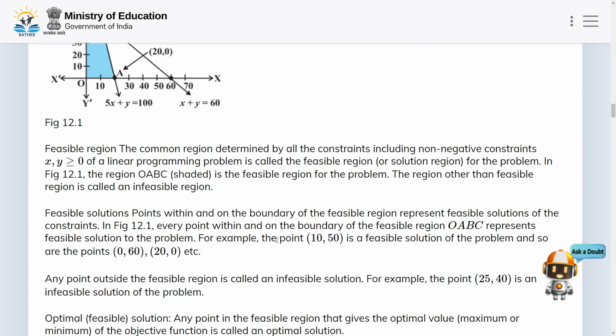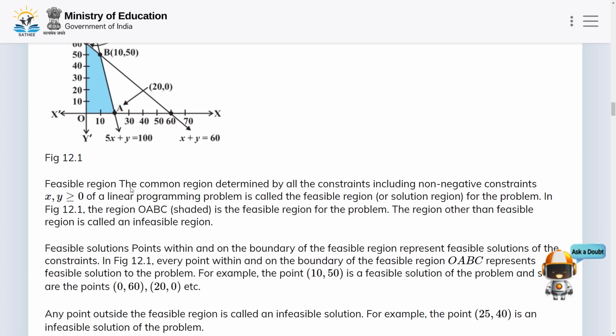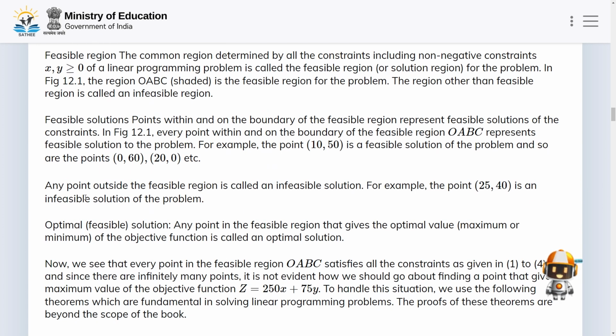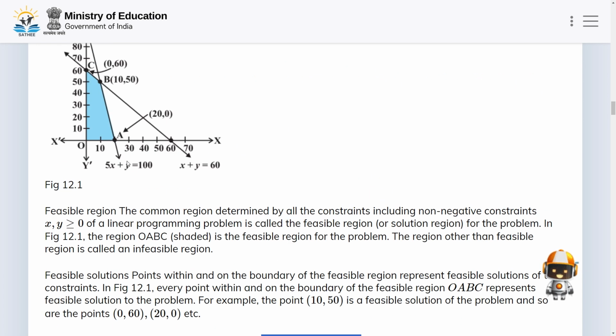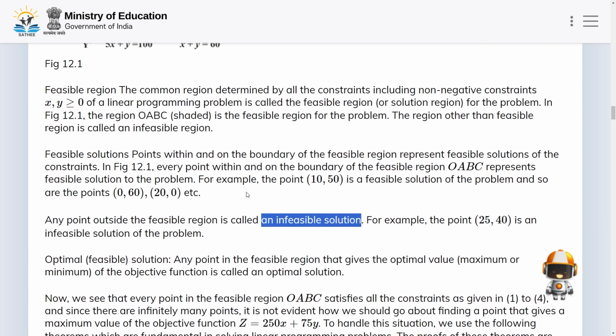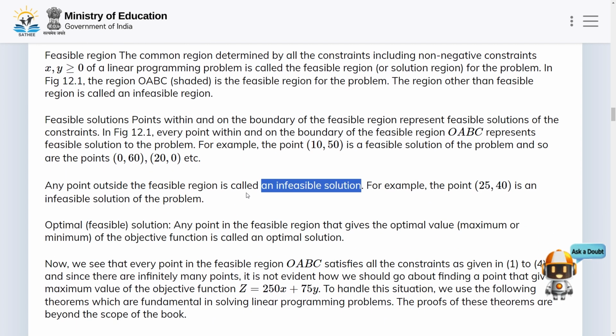For example, the point (10, 50) is a feasible solution of the problem. So are the points (0, 60) and (20, 0). Now, any point outside the feasible region will be an infeasible solution. For example, (25, 40) will be somewhere outside this feasible region, which means an infeasible solution.